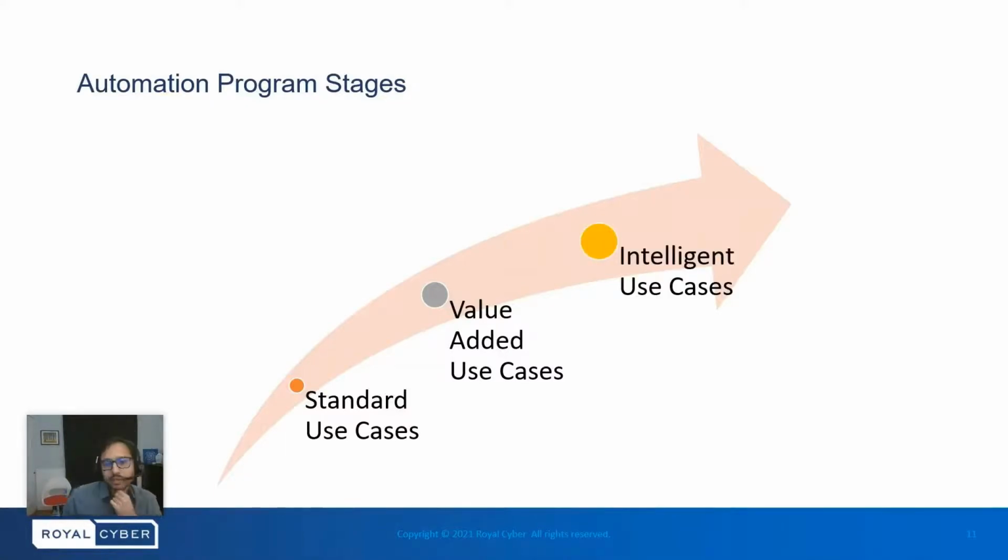And then we move towards the processes that need intelligent automation, machine learning, natural language processing, OCRs, virtual assistants. So the aim is to improve customer and employee satisfaction at this stage of the automation journey.